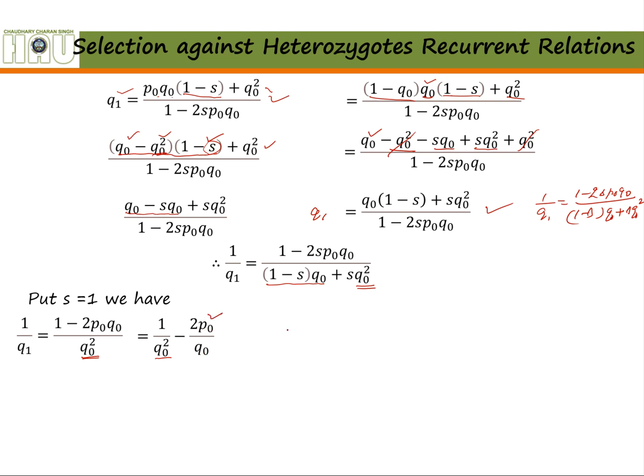Now this P0 can be replaced as 1 minus Q0. So I just replace this P0 as 1 minus Q0.